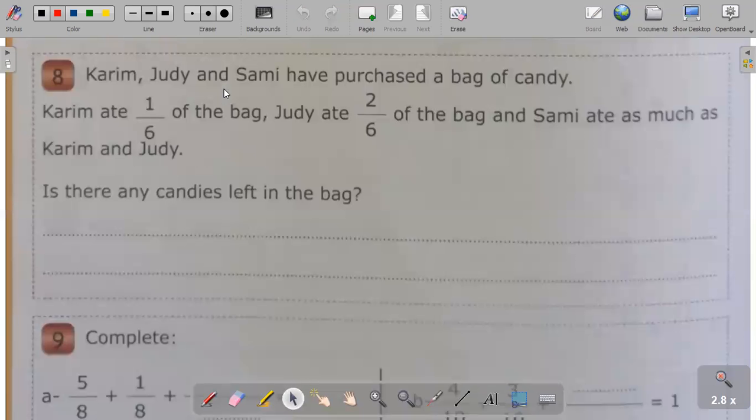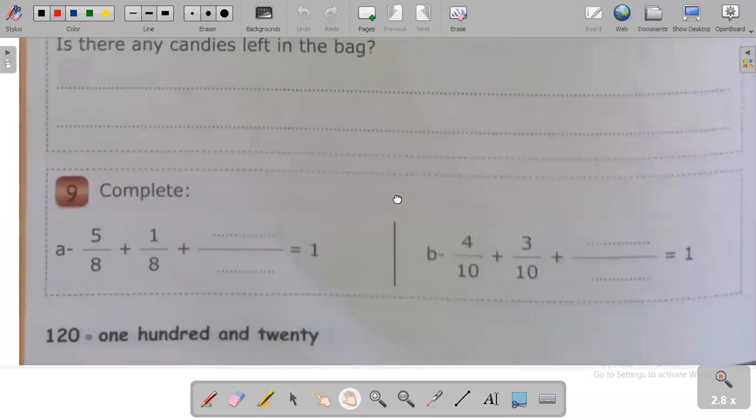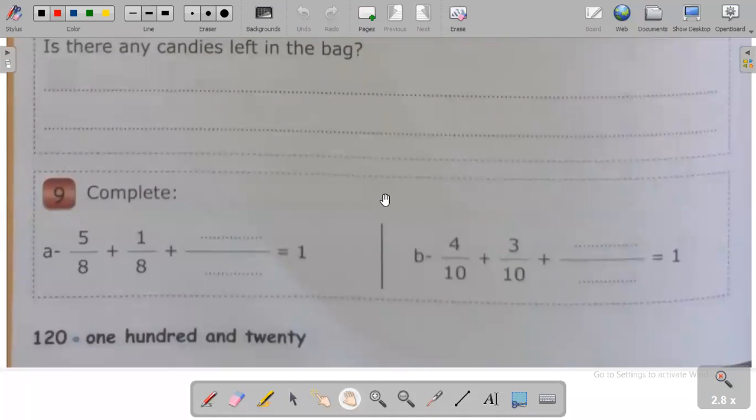Now we have to do exercise 9 at page 120. Complete. We have 5/8 plus 1/8 plus a number equals 1. 1 is equal to what? Look, the denominator is 8.